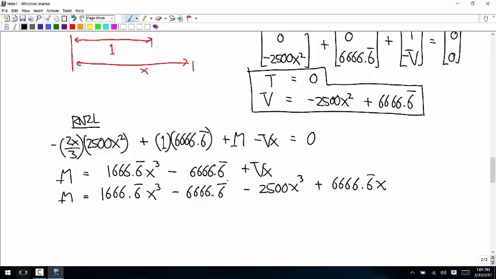You can combine the two cube terms and you get M is equal to negative 833.3 repeating x cubed plus 6666.6 repeating x minus 6666.6 repeating.